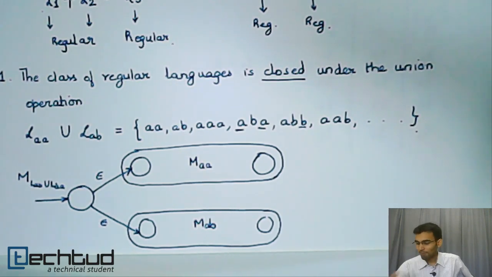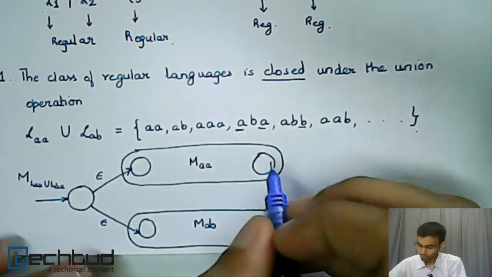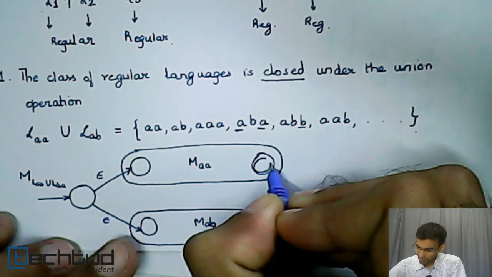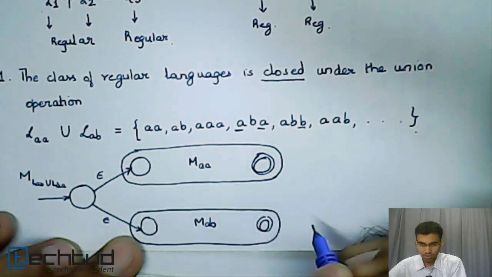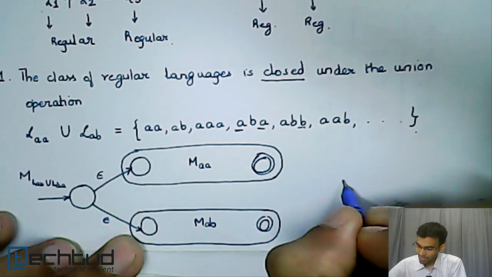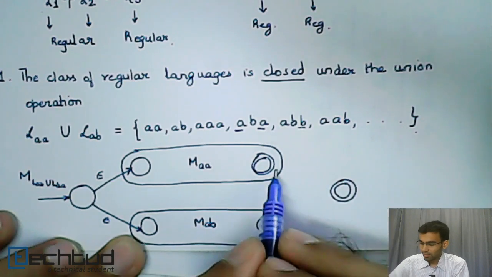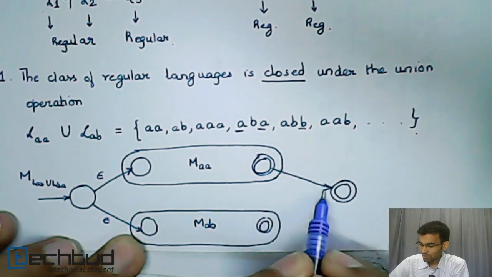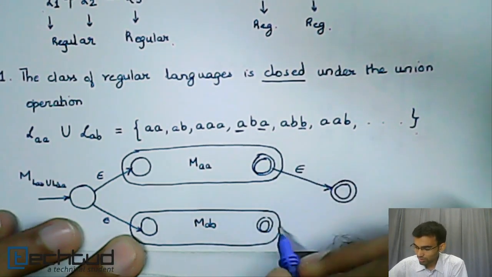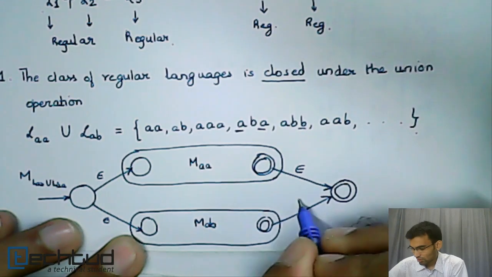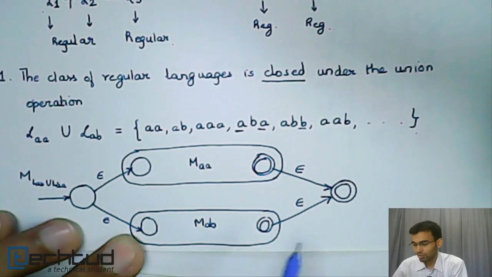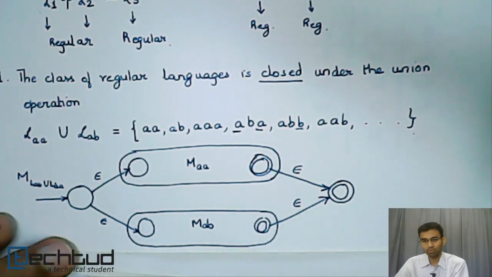That means I will perform all possible combinations of paths in MAA and MAB. Similarly, there is a final state for MAA and a final state for MAB, and a final state for the overall machine, with a similar epsilon no-read operation, once the entire string is read, taking you to the final state of the overall machine.